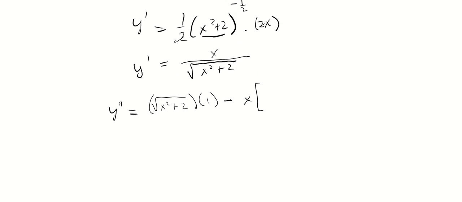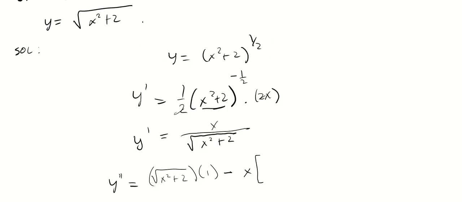Then we subtract high d low. High is x, and we multiply it with the derivative of the lower function, the square root of x squared plus 2. And to take the derivative of that, actually we already did that.